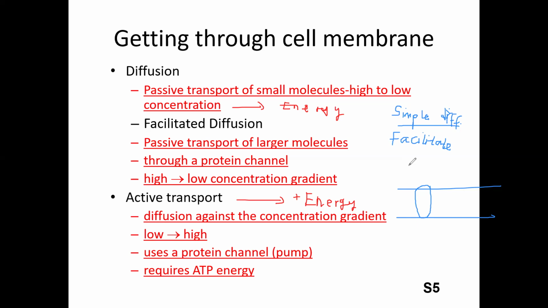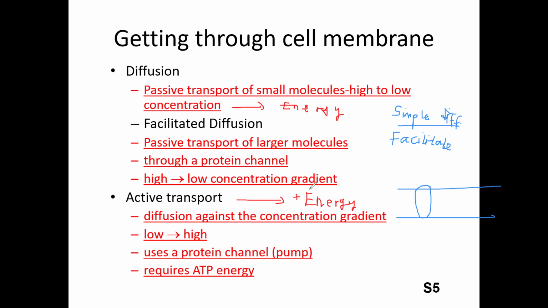In simple diffusion, there is no need of any protein carrier to take the biomolecules, and no need for any channel. But in facilitated diffusion, there is a need of a protein carrier and a channel. The protein carrier takes the biomolecules and gets into the cell through the protein channel, usually from the region of higher concentration to the region of lower concentration, down the gradient. That is the case of facilitated diffusion.